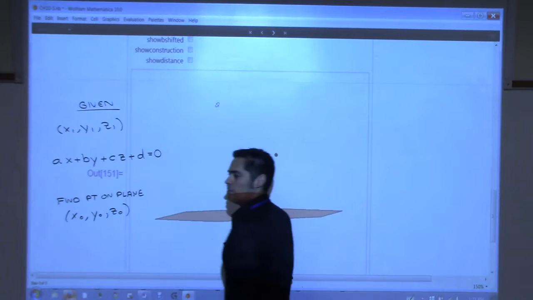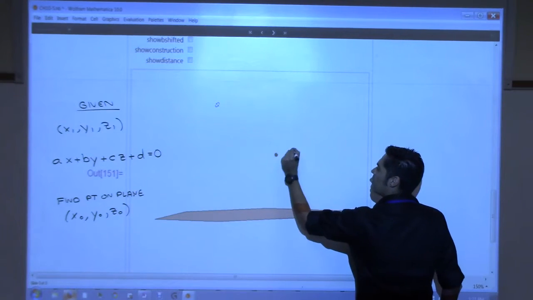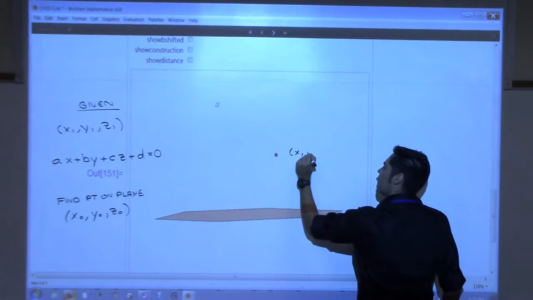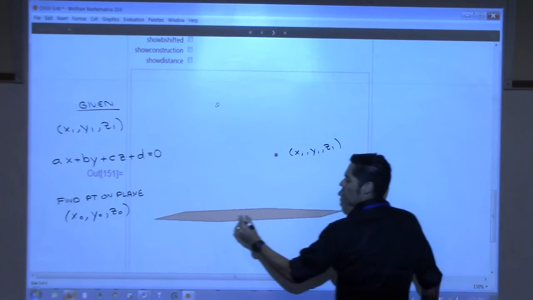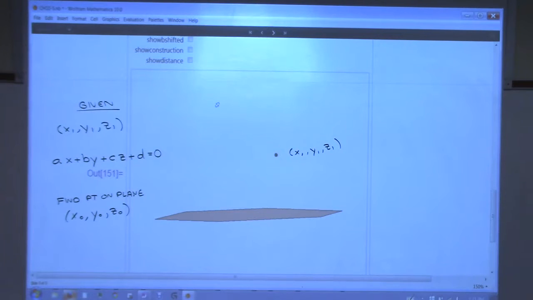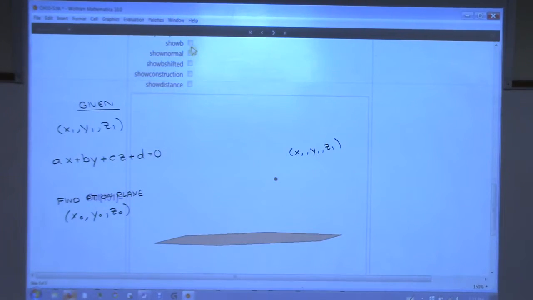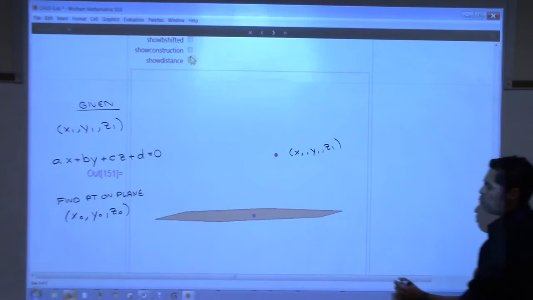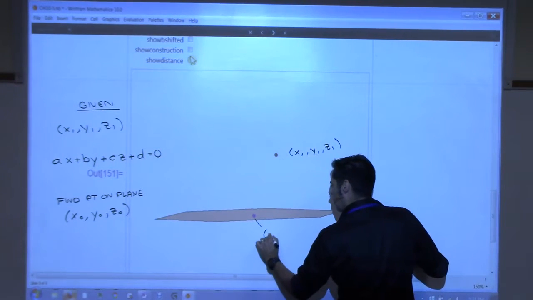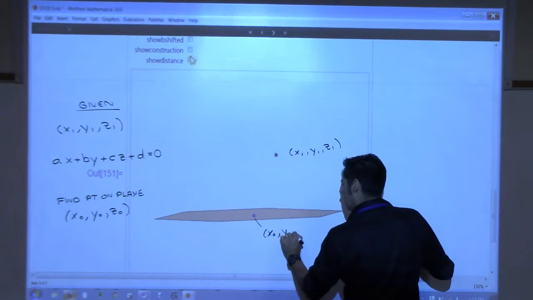Is that okay? So this point right here is x1, y1, z1. We're going to pick some point on the plane. This point we're calling x naught, y naught, z naught.